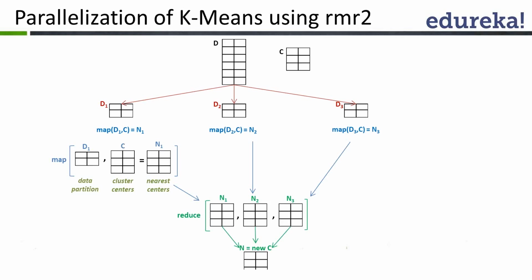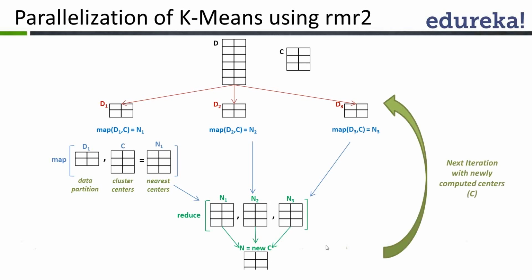All I need to do once I compute the new cluster centers is simply to repeat. So every iteration of k-means is equal to one map reduce job. If I want to run for 20 iterations, I will run 20 map reduce jobs. So in whatever code I put up on LMS for k-means, the map function is implemented in R, which does the computation of distances and computes the partial results.